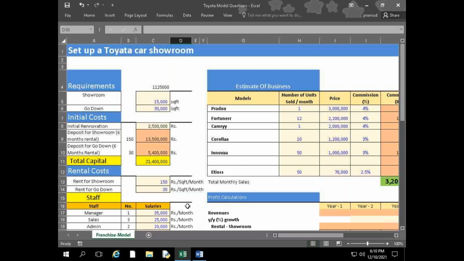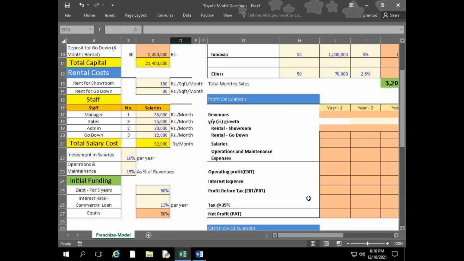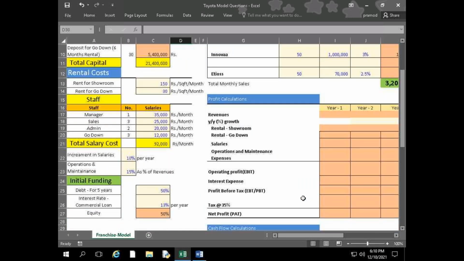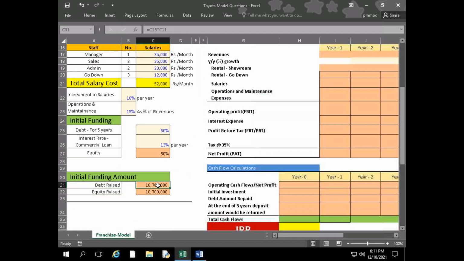As soon as we put 10%, it is only calculating, no, sir? Where is the initial funding, debt raised? If you put 50%, it automatically takes it, sir. It's already done. I forgot to remove the answers I typed.